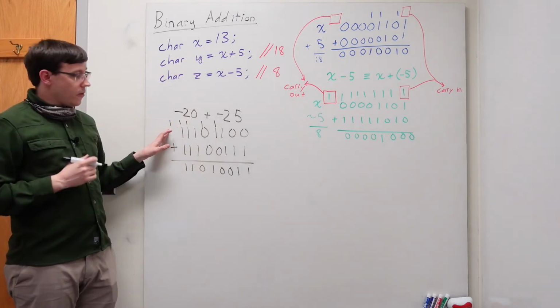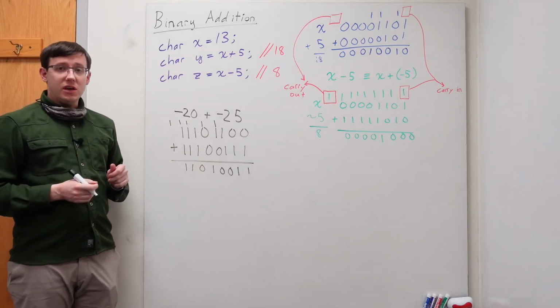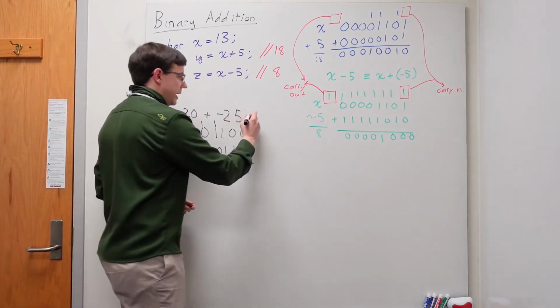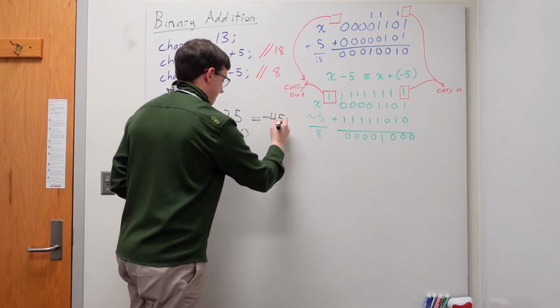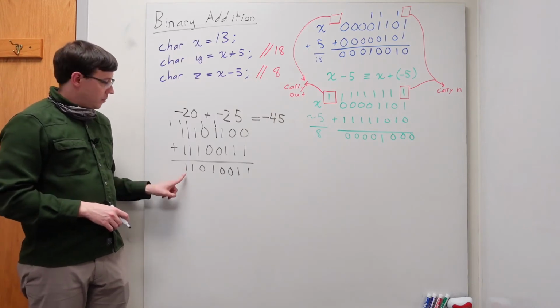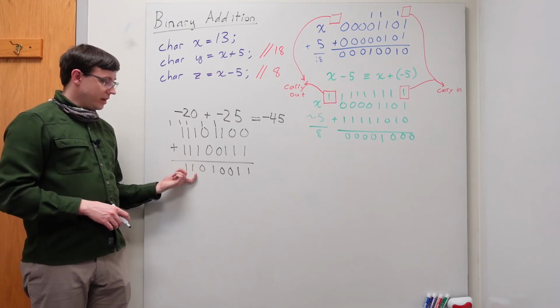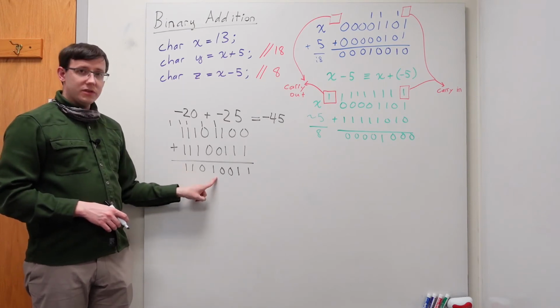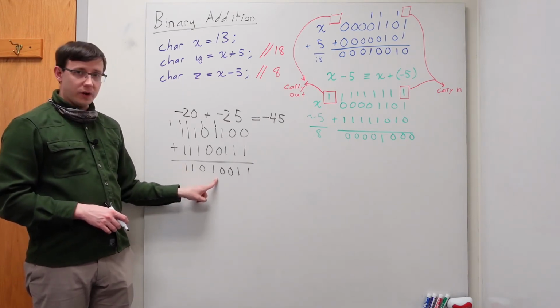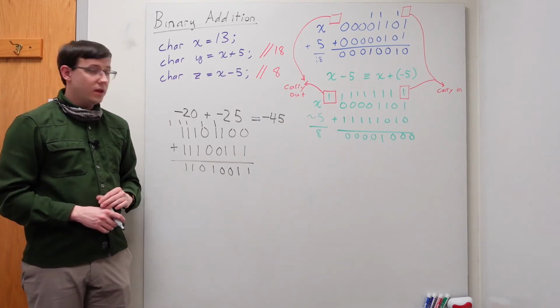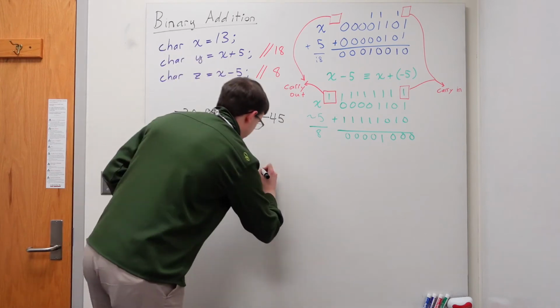We did have a carry out the end, but let's see if we got the right answer. We wanted a result of -45, and what we got was minus 128 plus 64, so that's minus 64, plus 16 is minus 48, plus 2 plus 1 is minus 45. So this gave us the right answer.